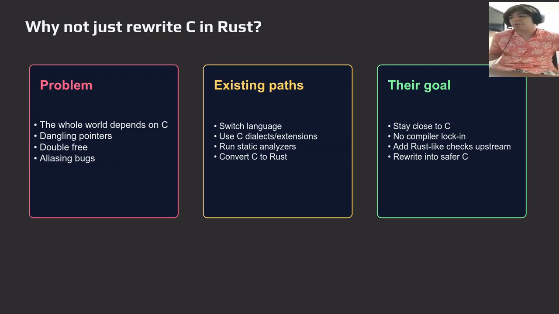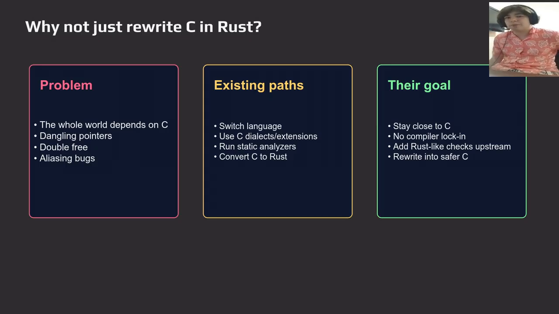They wanted a new solution because, number one, switching the language is often unrealistic for companies or people who are short on time. The use of C compiler extensions and dialects is often not compatible with existing hardware, and sometimes you need trusted compilers. One of the big issues with Rust is Ken Thompson's Reflections on Trusting Trust: there are a lot of compiler exploits where you can inject code with an untrusted compiler.